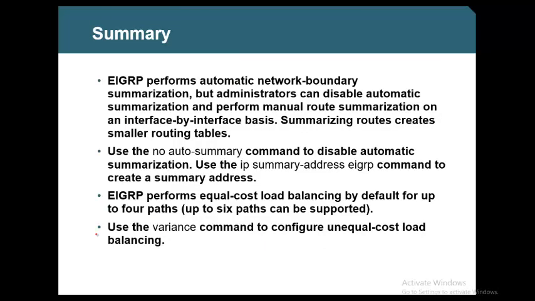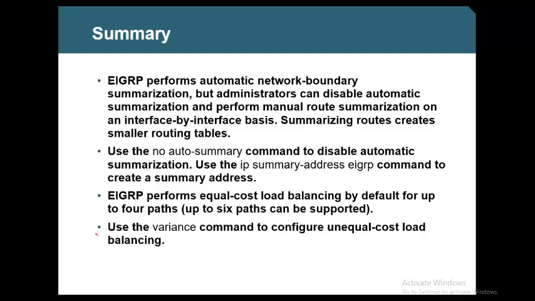The summarization: manual summarization, global summarization. In the newer version, auto summarization is disabled by default. Manual summarization is done on the interface. We saw unequal cost load balancing by using the variance.